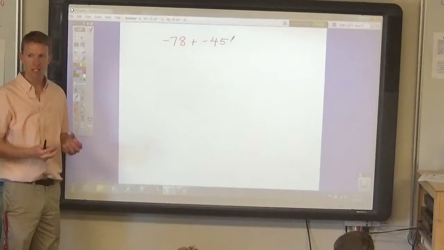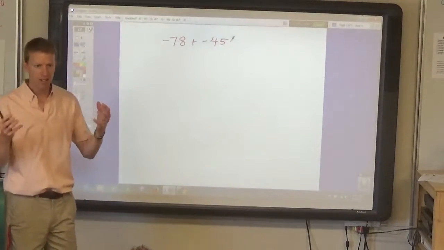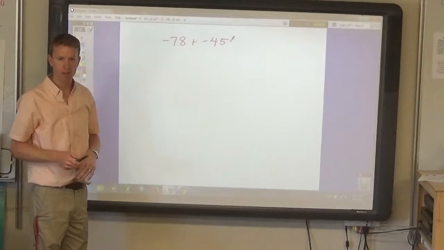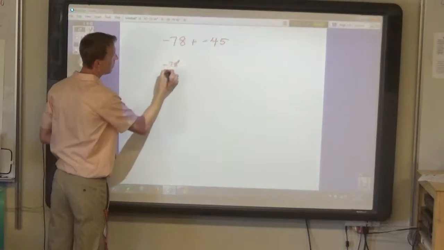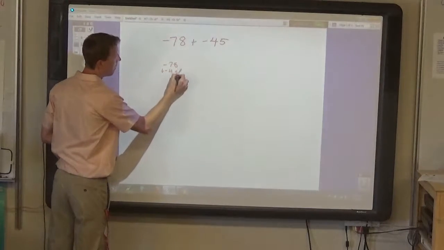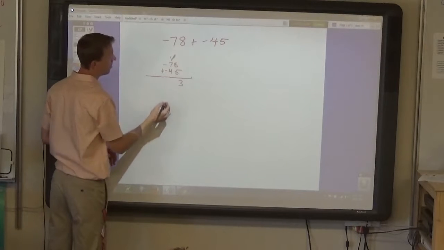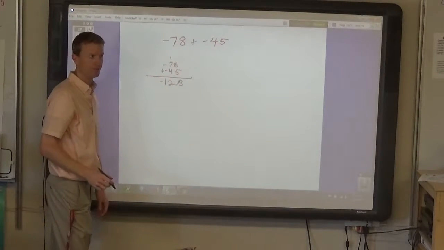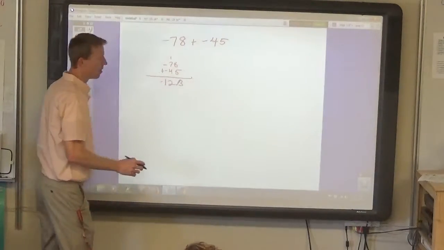They have the same sign, so you would add the numbers. Just add the numbers. Negative 78 plus negative 45 would be negative 120.